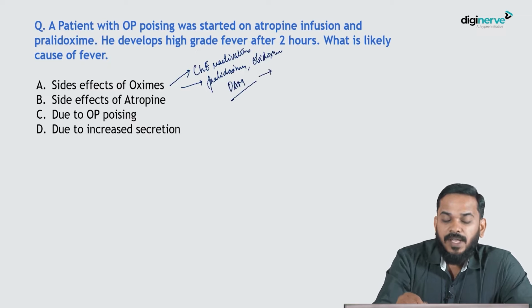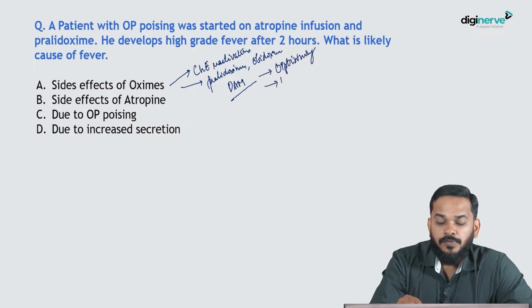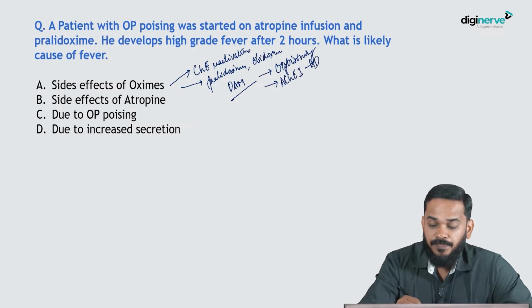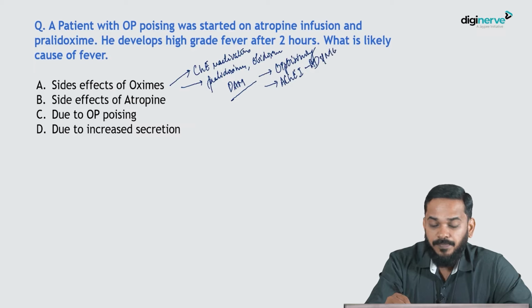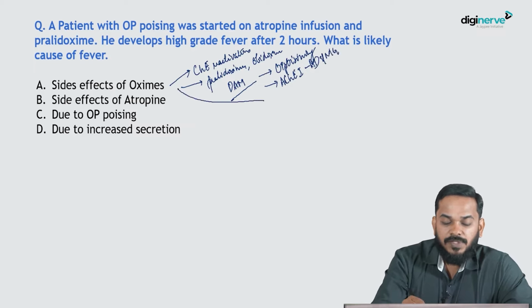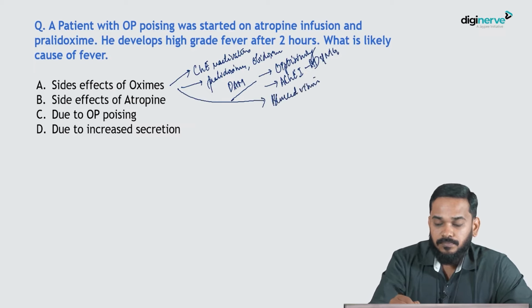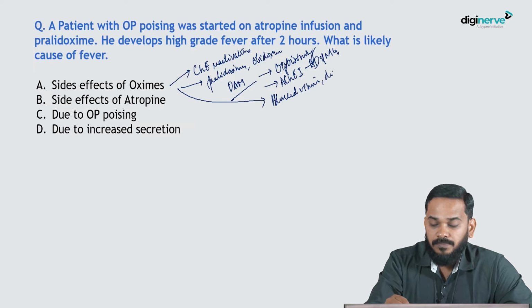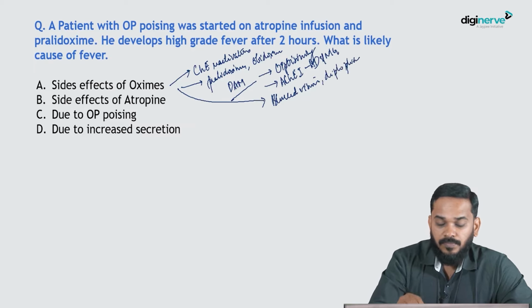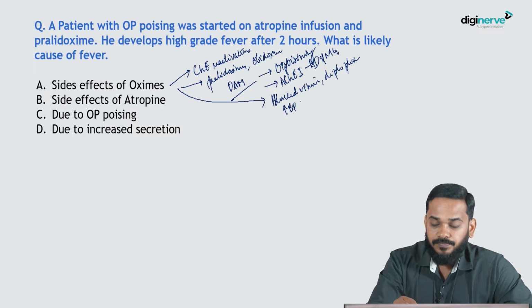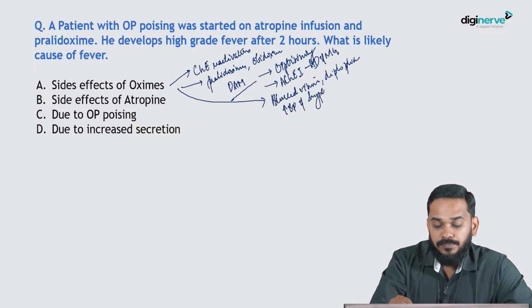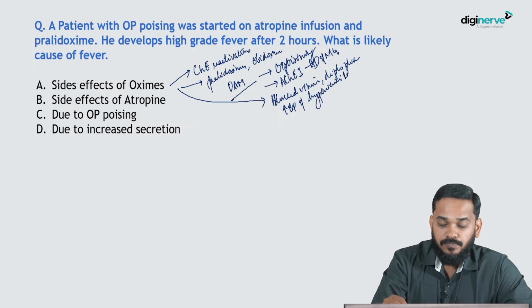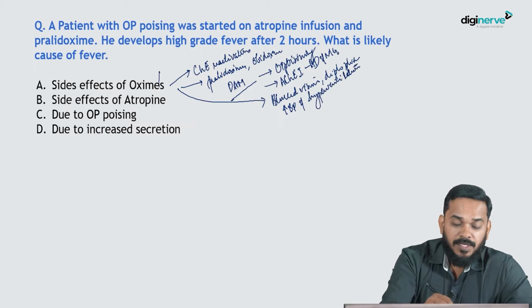These oximes are used in organophosphate poisoning, and overdose of acetylcholinesterase inhibitors in Alzheimer's disease and myasthenia gravis. The major adverse effects of oximes include blurred vision, diplopia, increased blood pressure, and hyperventilation. So this option is wrong.